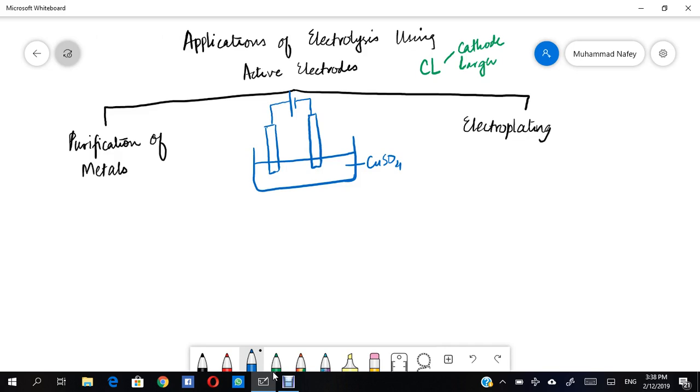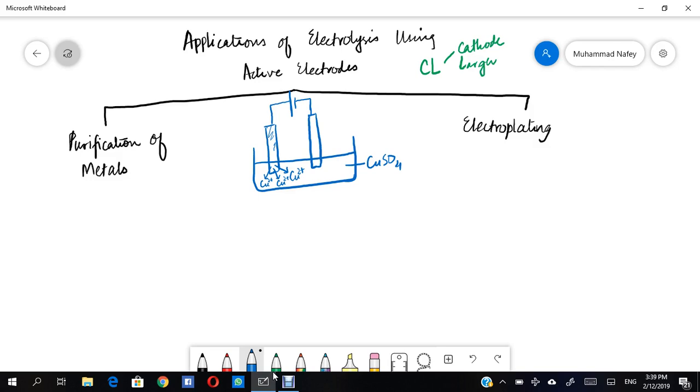The copper atoms that make up this anode lose electrons and form copper ions. As the reaction proceeds, more and more of the copper atoms from the rod form copper ions and move into the solution. This causes the anode to progressively diminish.